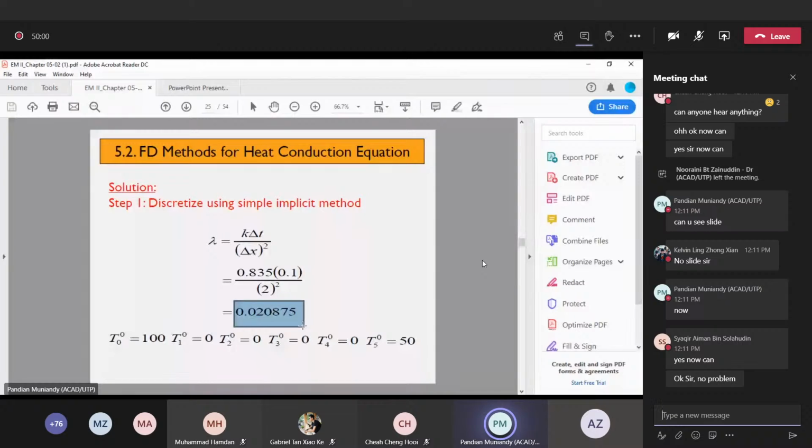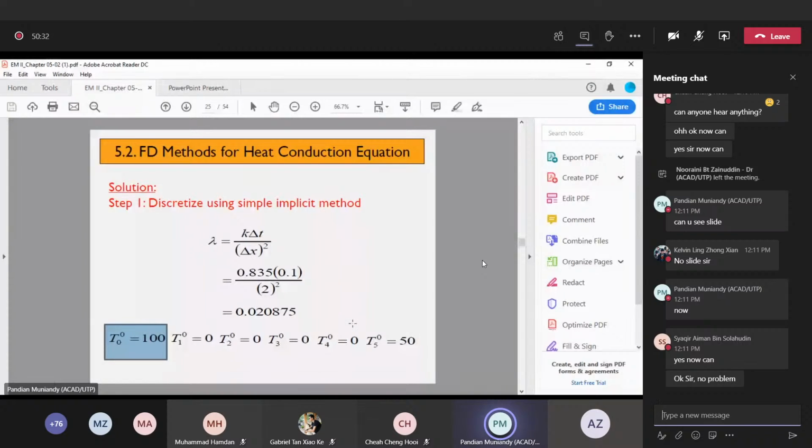0.020875. And this one is not the initial guess. This is to develop the matrix, the linear equation. This one comes from the initial condition and boundary condition. The strange thing is this one, you see subscript 0. Of course, superscript 0 because we haven't started the level. So the level here is all superscript 0.